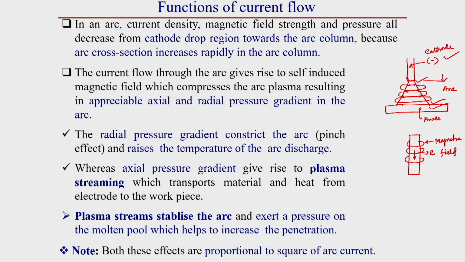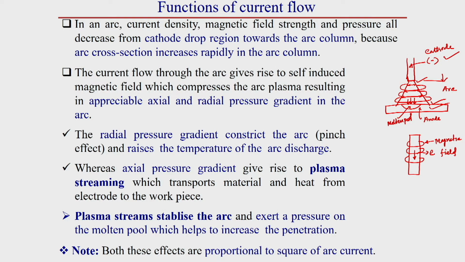Let this be our molten pool; the axial pressure creates some pressure over this molten pool due to the plasma streaming along the axial direction. Due to this pressure, it increases the fusion depth also.